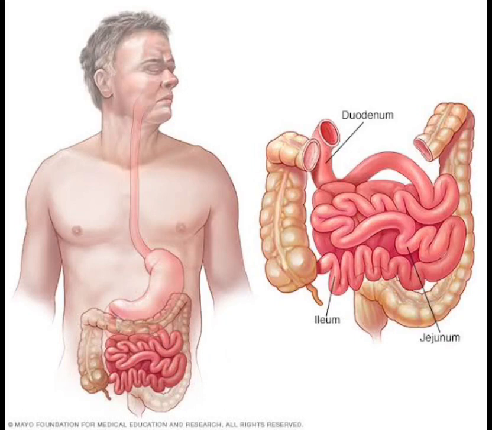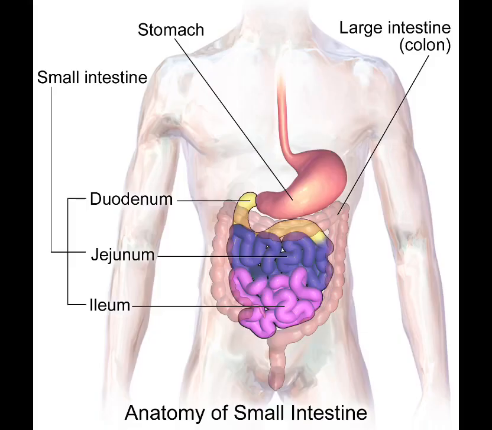Next, the differences between the jejunum and ileum. In the jejunum, the tube is wider, whereas the ileum is narrower. The wall of the jejunum is thicker, the wall of the ileum is thinner.